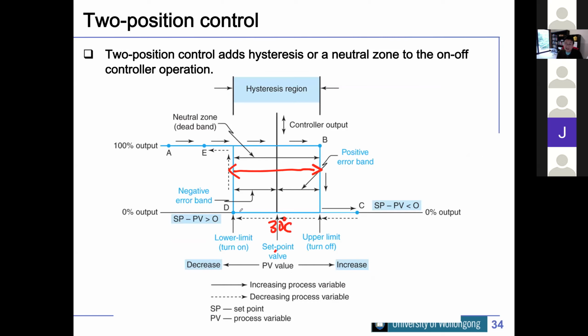We have another value, the error band. Sorry, this is called the error band. This is how big the band is. Let's say the error band is 5 degrees. Then this is 25 degrees, and that's 35 degrees. It's a little bit too much, I think, in this case.